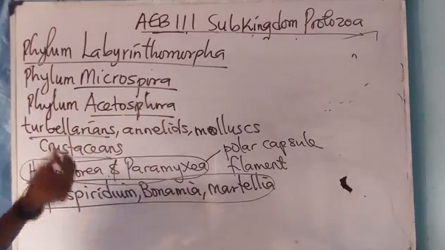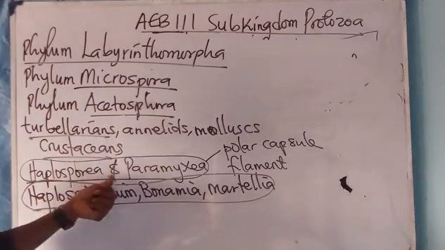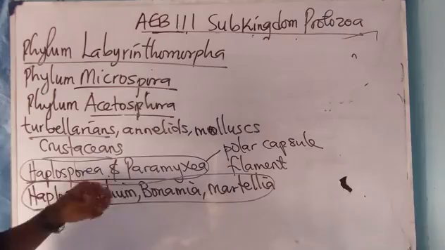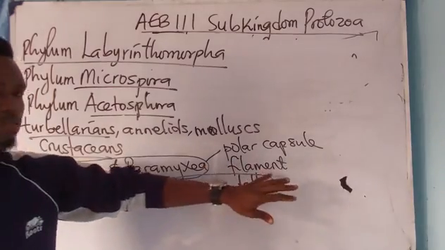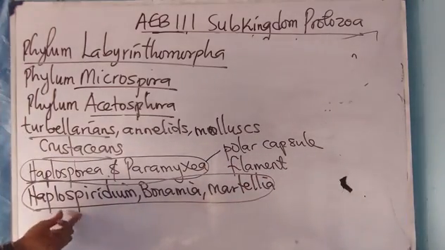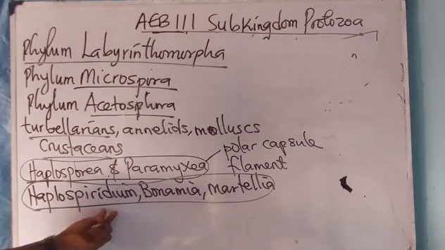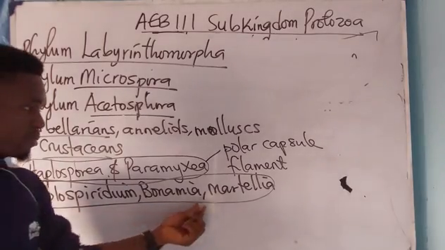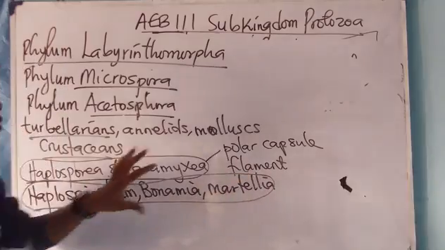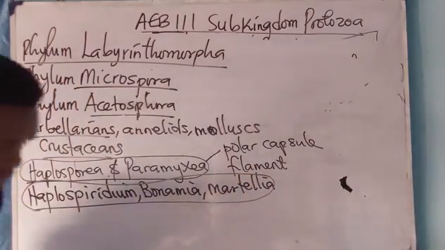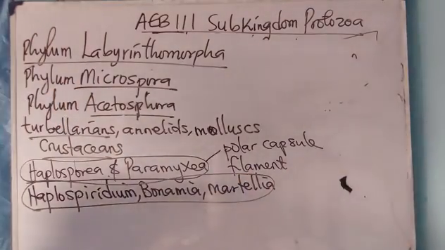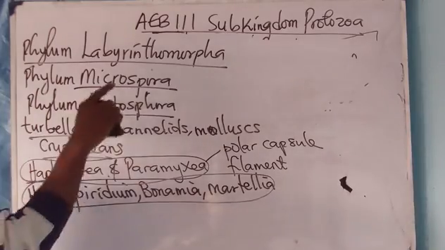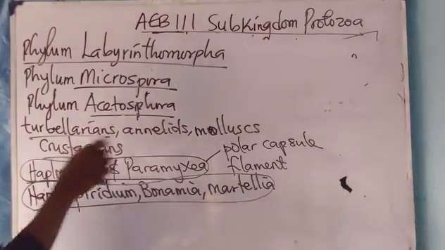Acetospora has two classes, Haplosporia and Paramyxea. I said they lack polar capsule and filaments. Examples are Haplosporidium, Bonamia, and Marteilia. They are all acetosporans. Take note of that. And they are parasites of tubularians, annelids, mollusks, and crustaceans.